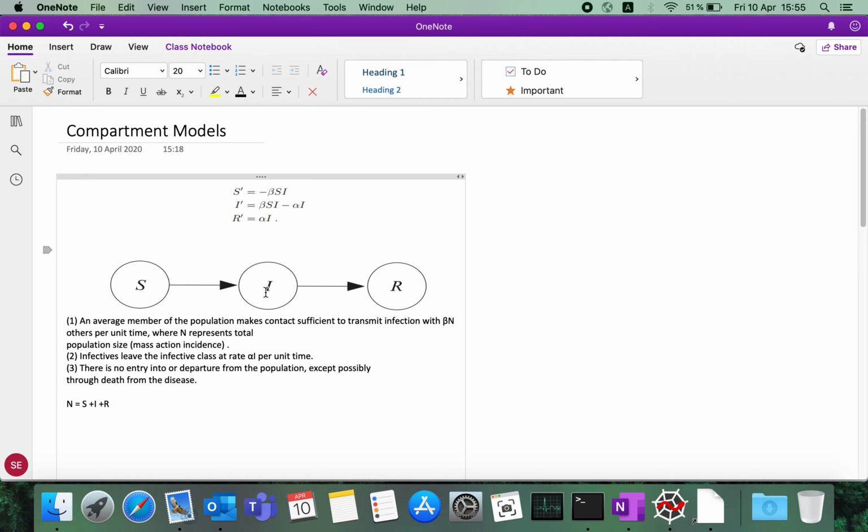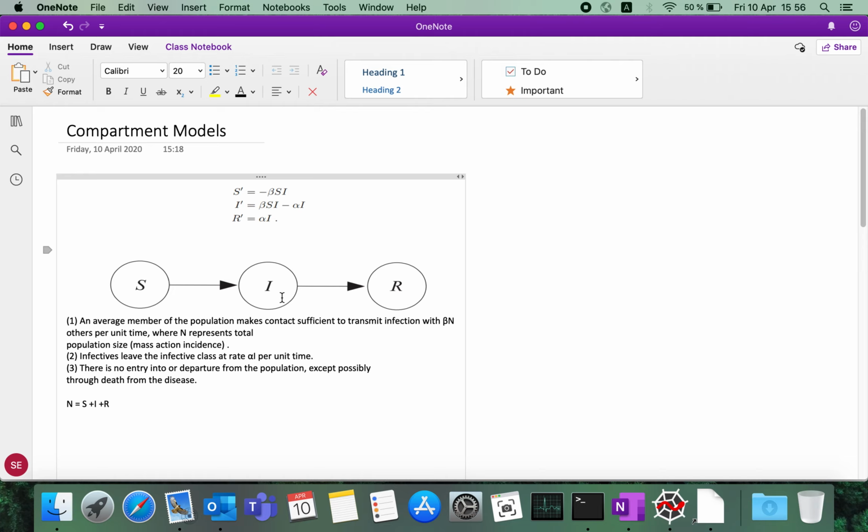There are other models like SIS models. This type of model means that there is no immunity against reinfection. In the SIR model, once the person is infected and recovered, it cannot be infected again, but in SIS models the person who is infected and then recovered can be infected again.